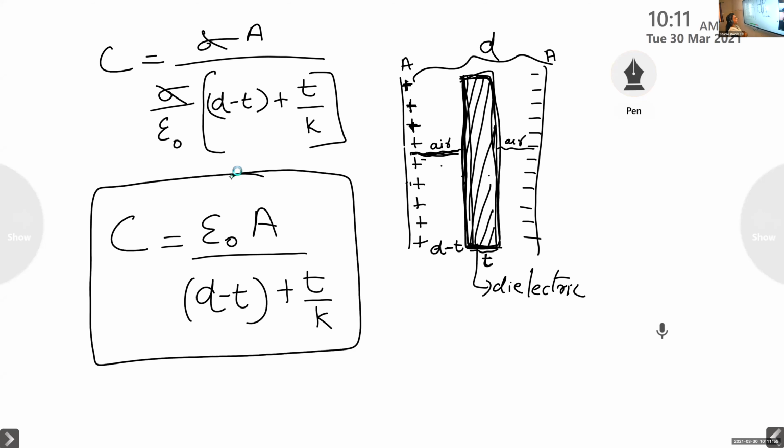In the first case, we derived an expression for capacitance of a parallel plate capacitor if the medium of separation between them is air. In the second case, if the medium of separation is air and dielectric, then the equation for capacitance is given by C is equal to epsilon 0 A divided by D minus T plus T by K.